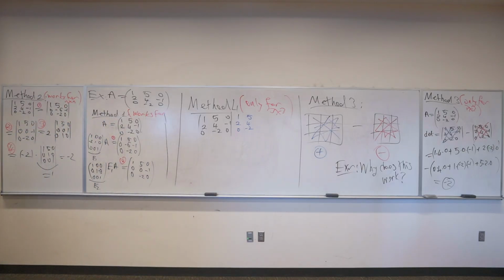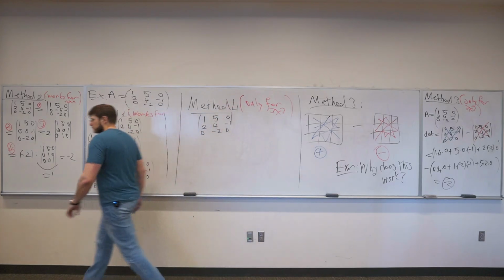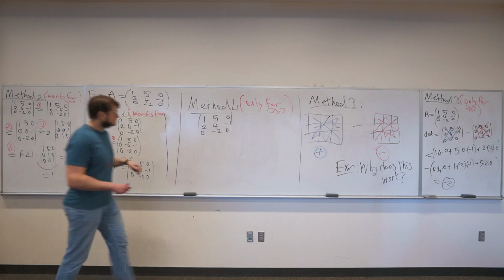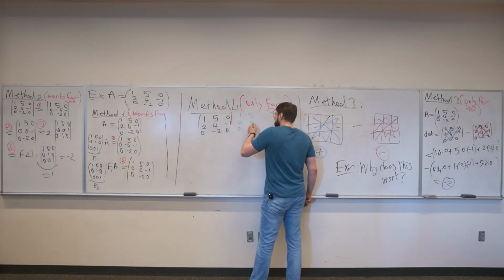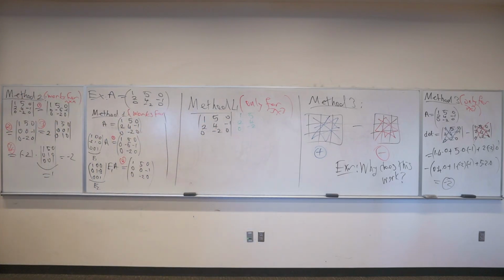I'll use a different color. I'll use green. 1, 2, 0, 5, 4, minus 2. You put the first 2 columns, sort of duplicate them, and then there's a plus contribution and the minus contribution.